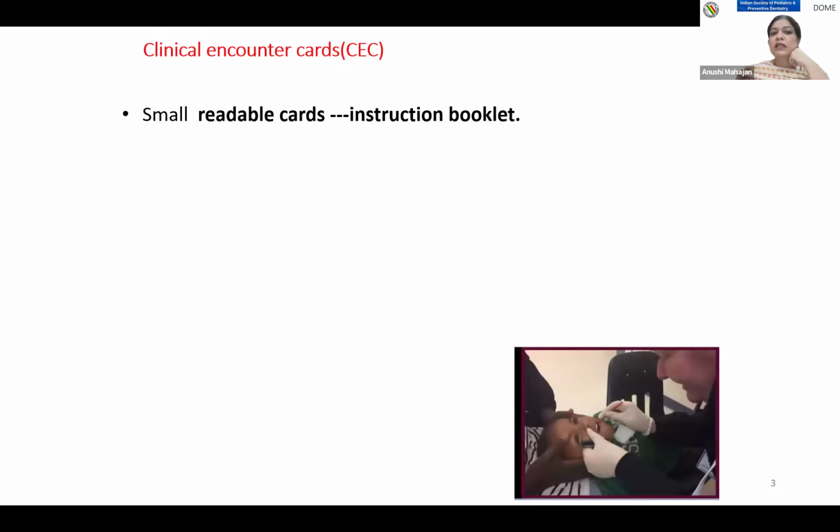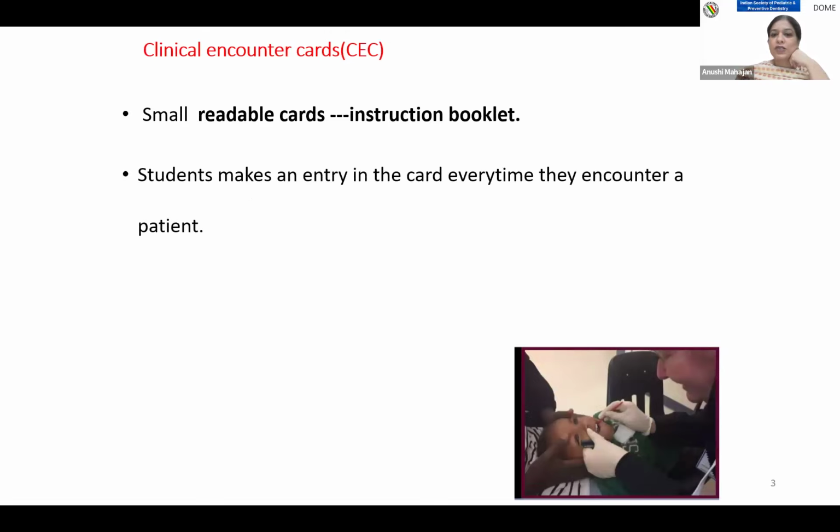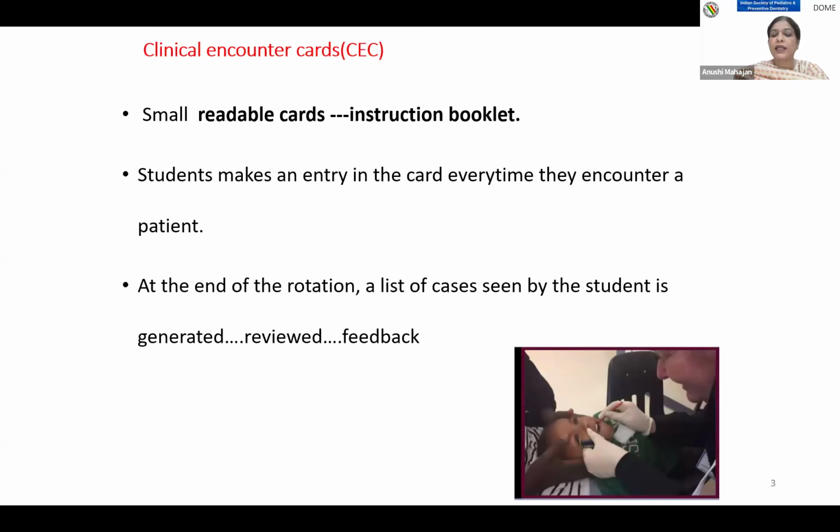Then there is something known as clinical encounter cards. These are small readable cards, like an instruction booklet, where a student makes an entry in the card every time there is an encounter with a patient. At the end of the rotation, a list of cases seen by the student is generated. It is reviewed by the assessor and feedback is provided.